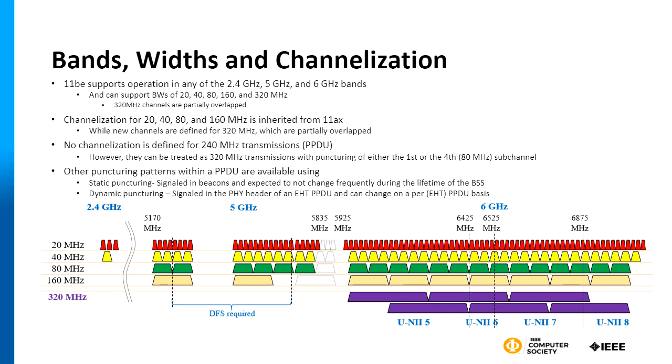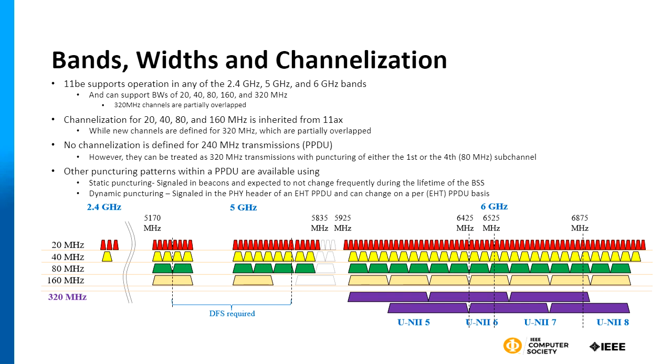So we can provide static puncturing that the AP advertises to the stations in the beacons, and these punctures are not expected to change frequently during the lifetime of the BSS. For example, if you think of a subset of channels that are being used by an incumbent, we can suppress transmissions on those particular channels to avoid interference.